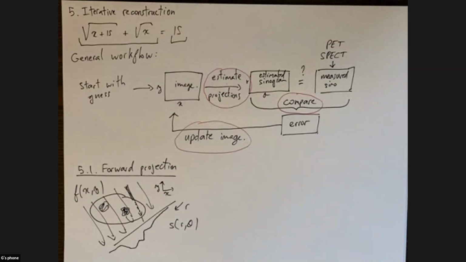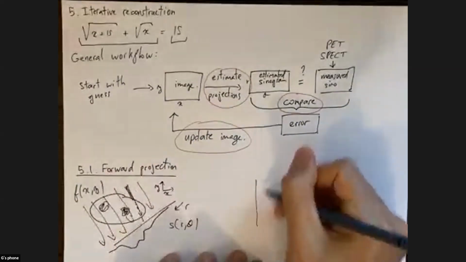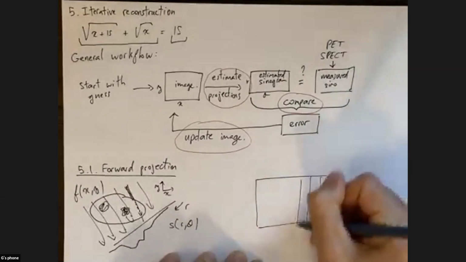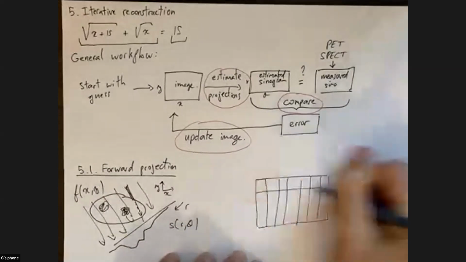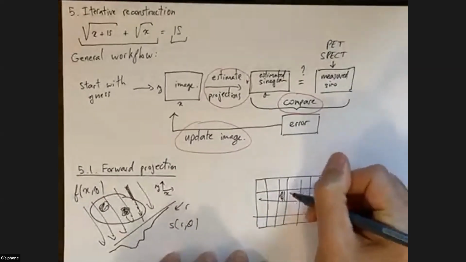The way we do that is, if we assume a discrete image, I actually draw this as a discrete array of pixels like this, and each pixel has a different value inside the image.